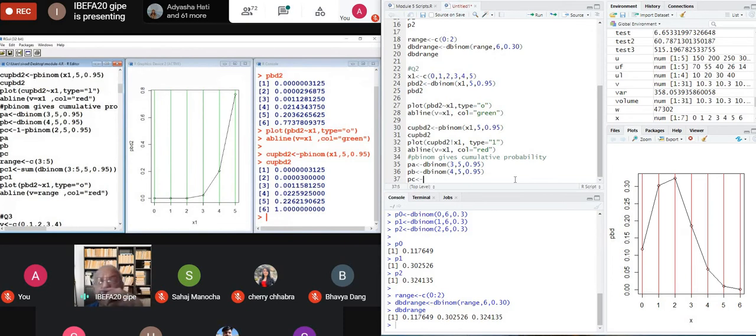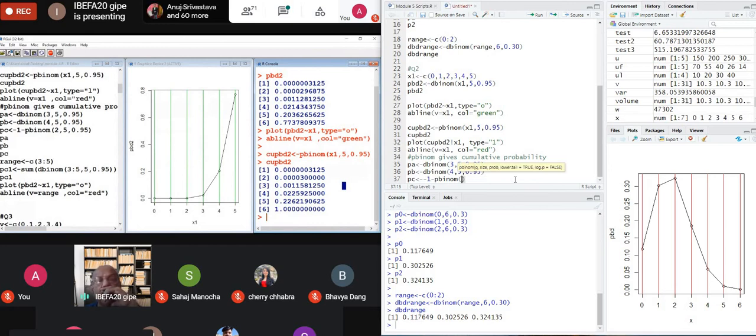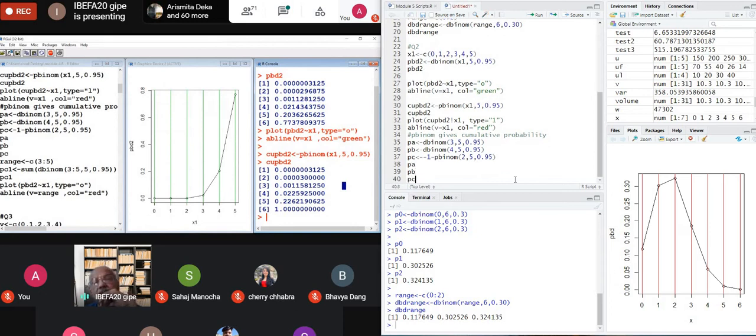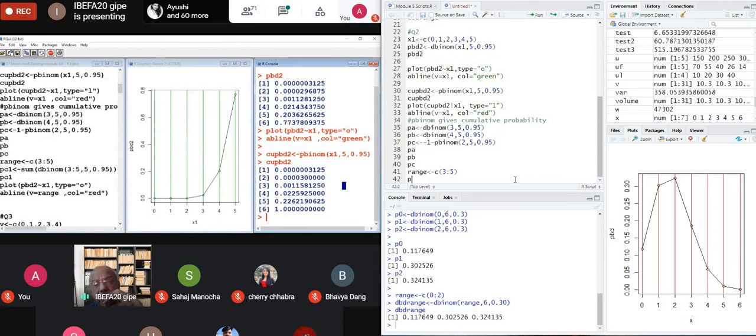Who can explain me the first probability? In the console, you have the probability. What is the first answer? The one at the bottom or the one at the top? The one at the bottom, from first to the last. Sir, it's basically saying the probability of the first value is 0.0315.